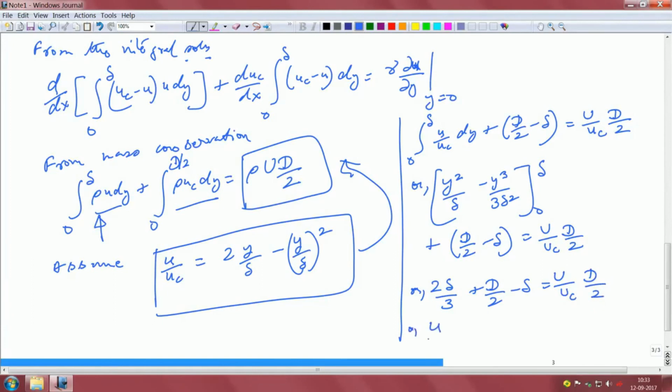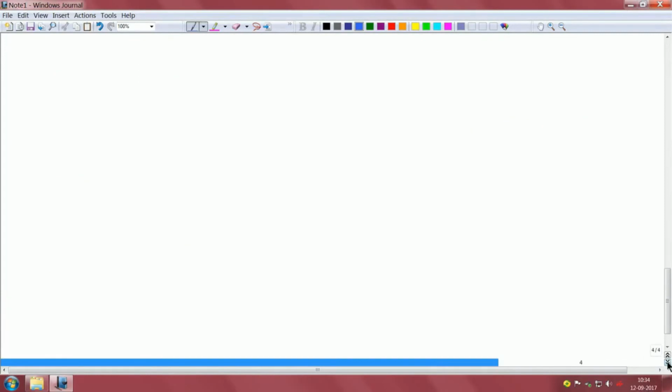or in other words u by uc, 2 by d, by 2 minus delta by 3, then u by uc, or uc is equal to u into 3d divided by 3d minus 2 delta.